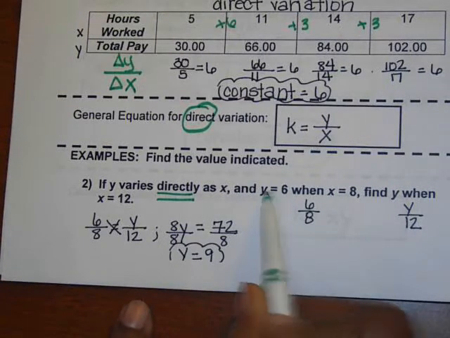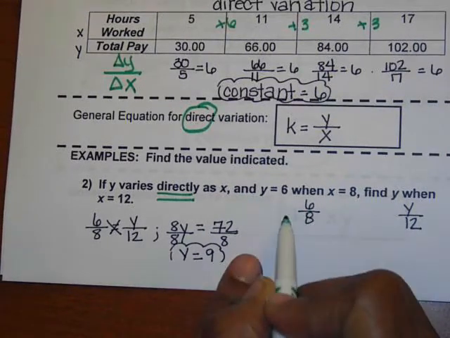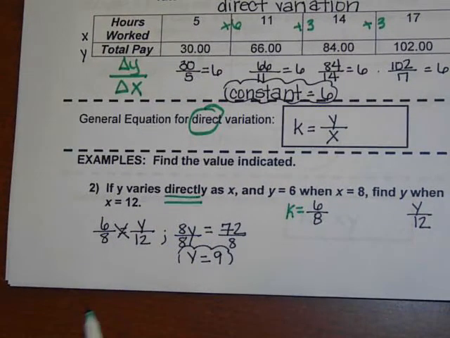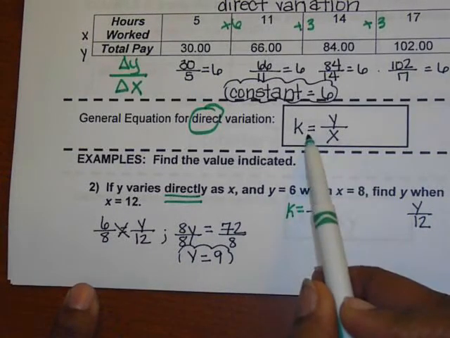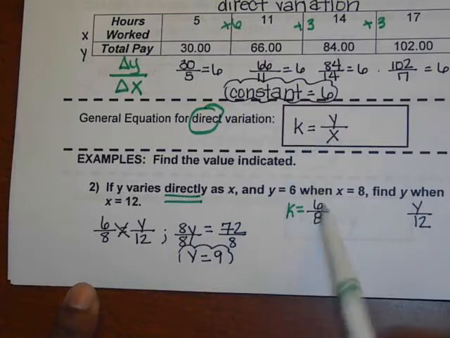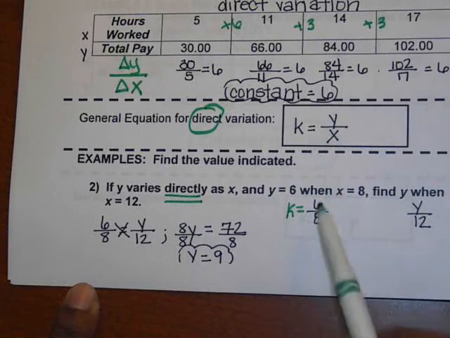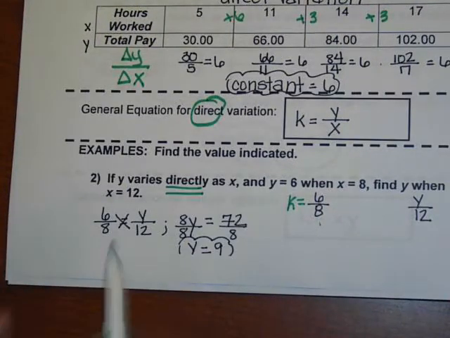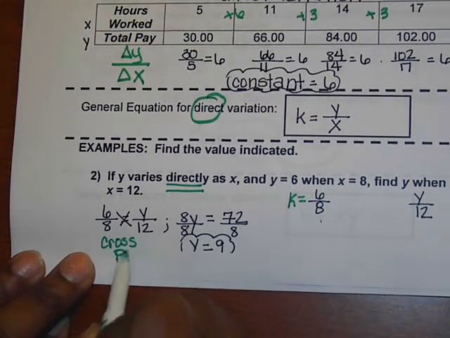So y over x, 6 over 8, that's my k. Because it's directly, an easier way for me to do this is to write a proportion. So you see the formula right here. If I wanted to change this to a decimal and put it here and solve the proportion, I could. But since it's already in fraction form, that makes it easier for me because all I have to do now is find the cross product.